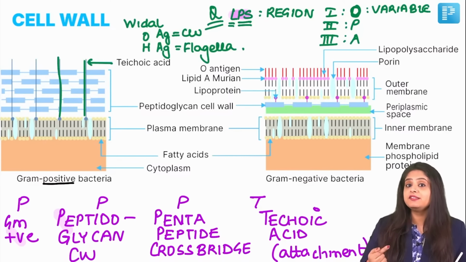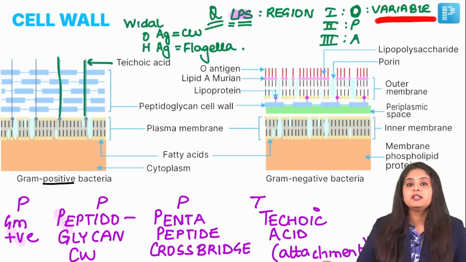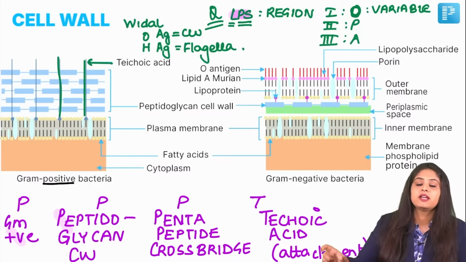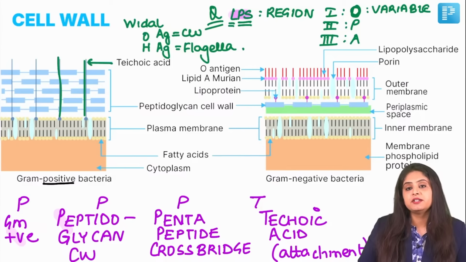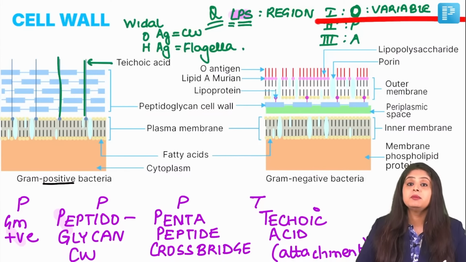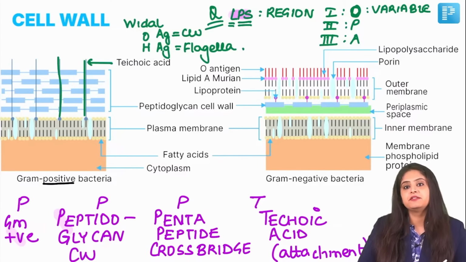They are not the same. The antigen name is the same, but the antigen has many variations, and every gram negative organism has a different O antigen. E. coli will have a different antigen. Then when I come to Salmonella, that will have a different O antigen. Shigella will have a different O antigen. So this is a very variable part, and hence all bacteria are different from each other.